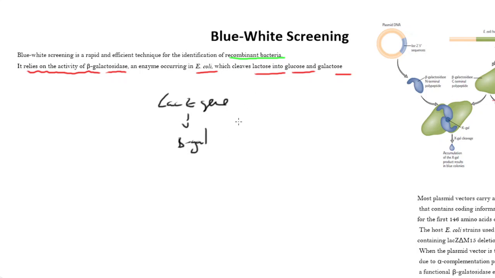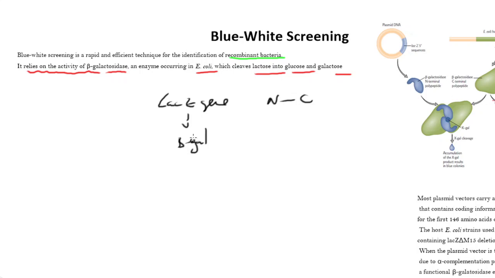This LAC-Z gene is going to have coding information, an amine group and a carboxyl group, just like any gene that eventually becomes protein. But in order for us to test, we rely on this property.